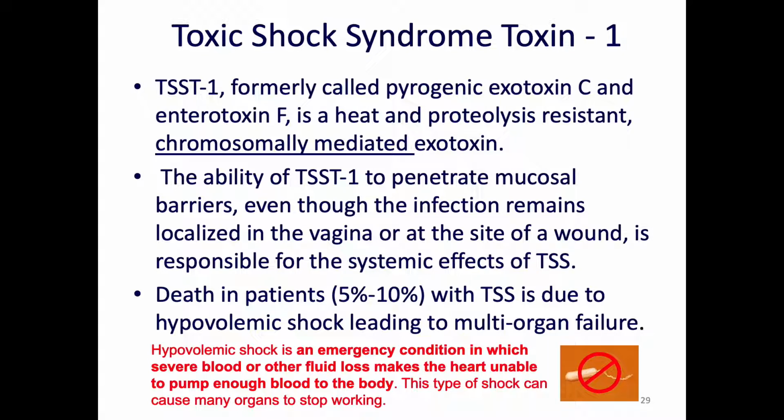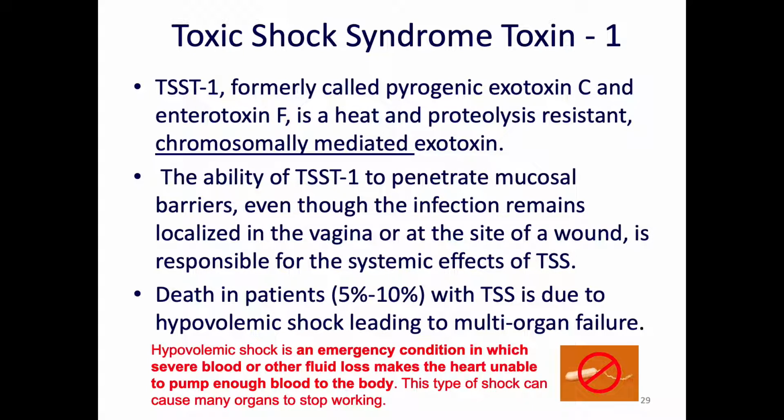The toxic shock syndrome toxin is able to penetrate the muscular barriers, even though the infection remains localized in the vagina or at the site of the wound where the operation was made. This toxin is responsible for the systemic effects of toxic shock syndrome. It is a very dangerous toxin, because the patients may die.